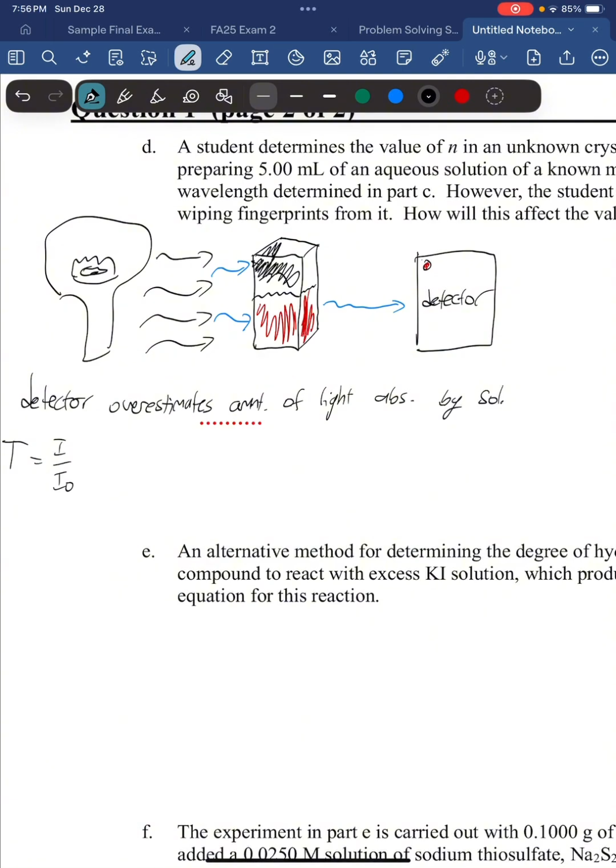I equals the amount of light that exits the cuvette and hits the detector, so light received by detector, and I naught is the initial amount of light, the light that comes from the light source, hence the naught. So our initial amount of light is obviously going to stay the same. We're not changing that. But the light received by the detector is going to be less. So that means that T is going to be smaller than normal.